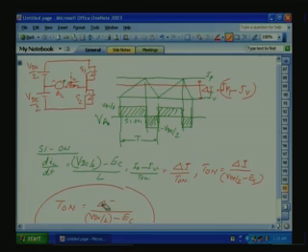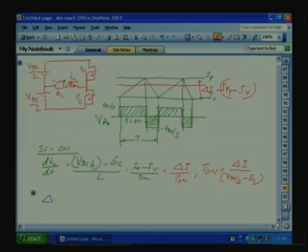Now, let us write the T off period. What happened during the T off? The slope is equal to delta I divided by T off. If you see here, this is T on and this is T off.